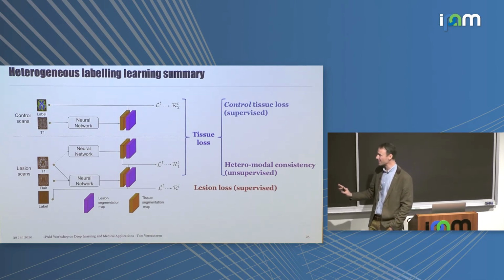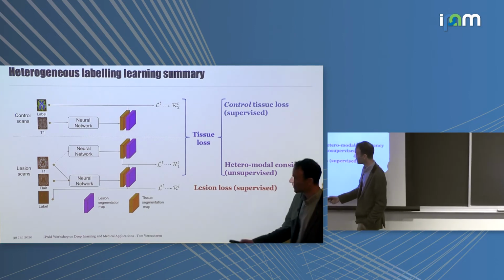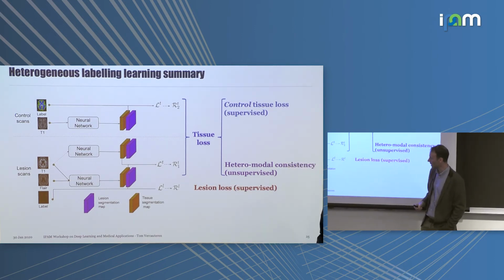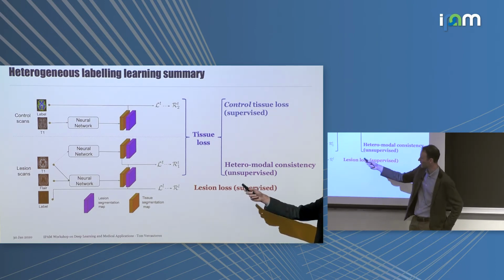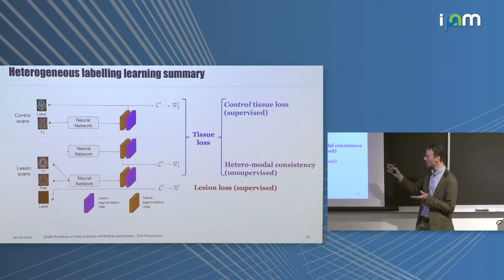So graphically, this is how it looks. We have our neural network that can take several subsets of imaging modalities as input. We have the lesion group and the control group. We sample a pair from each of these groups and feed that to the network.